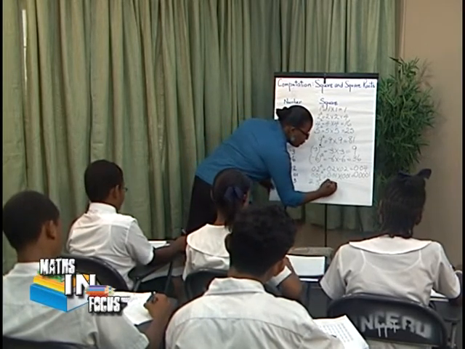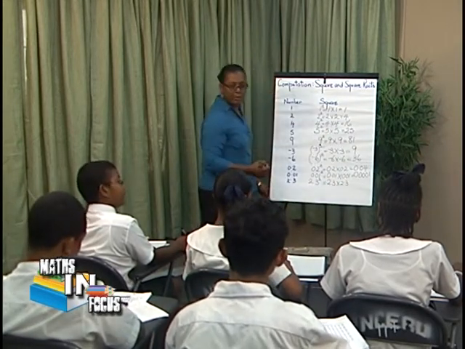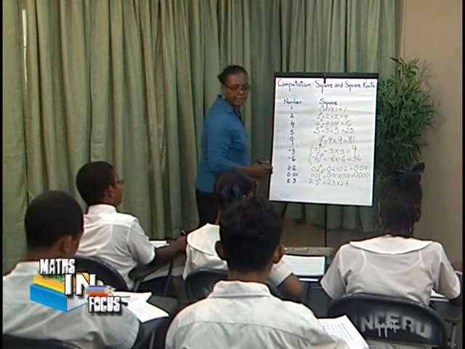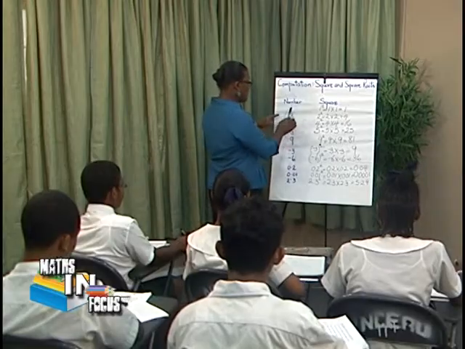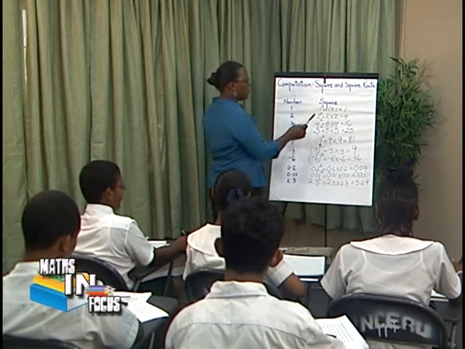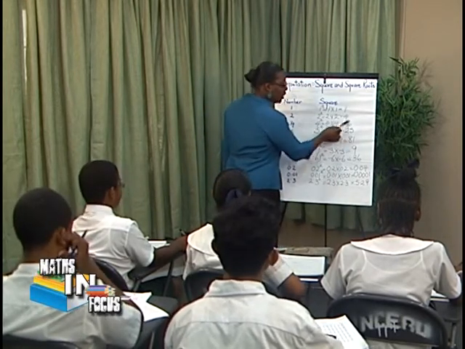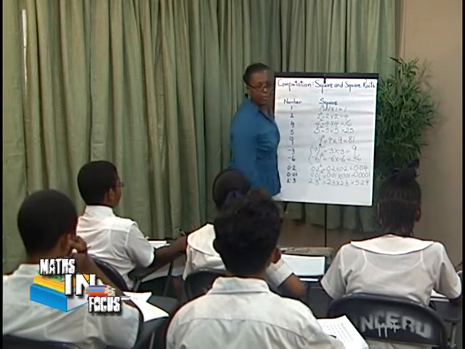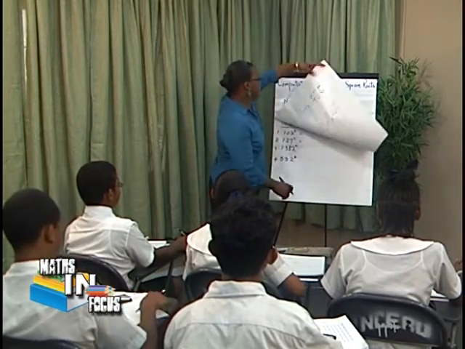Then we'd have 2.3 multiplied by 2.3. And Renee, what did you get for your product? 5.29. So here we can see if we take a number and we multiply the number by itself, out comes the square of the number. Okay? Good.